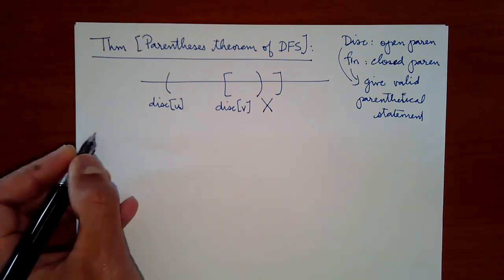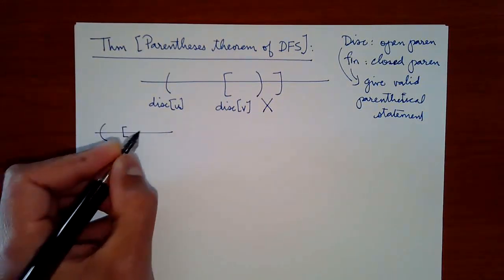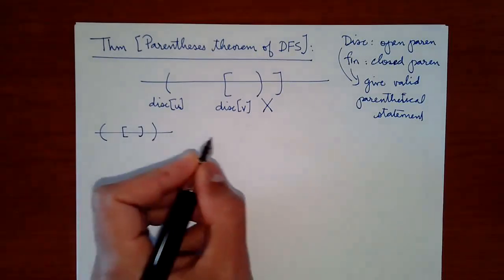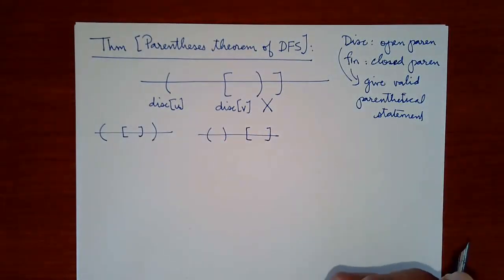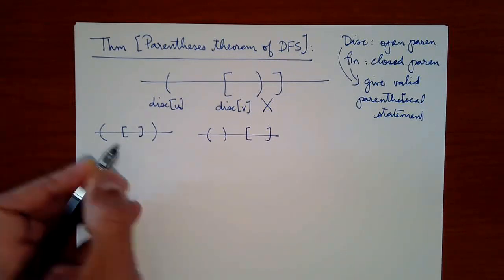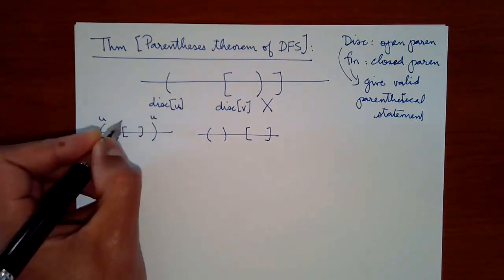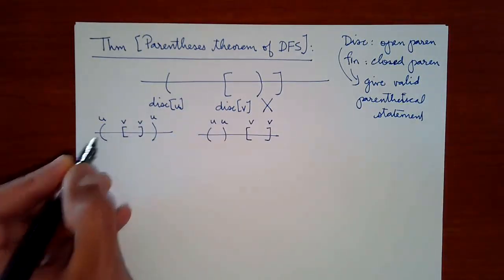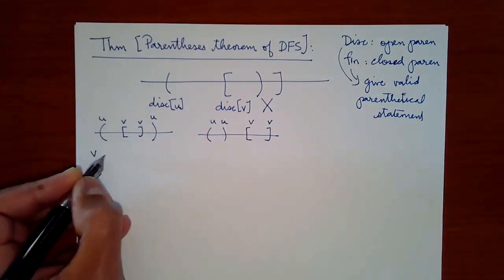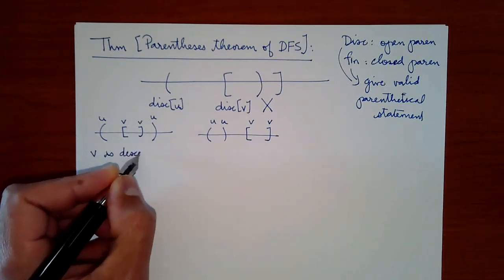So it either has to look like this, or it has to look like this. In this case, so this is U. In the former case, V is a descendant of U.